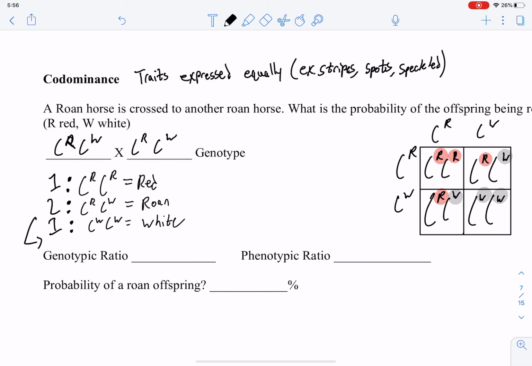So our ratio is 1 to 2 to 1. All right. And then we find too, in a codominant example, the genotypic ratios are going to be the same as phenotypic ratios, right? Because we have one red horse, we have two roan horses, and one white horse.